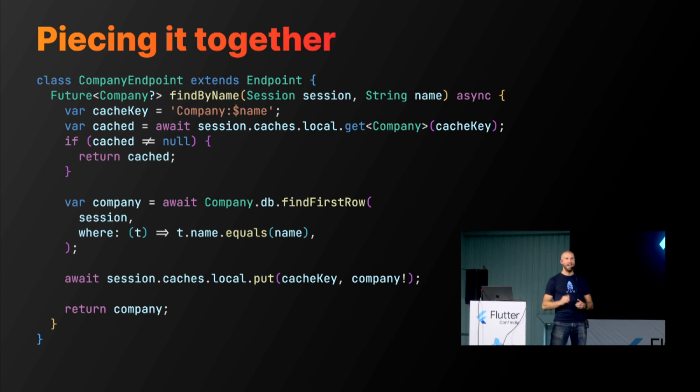And I had a few guys asking me out there before how you would do caching with Serverpod. So I figured this would be good to have in the presentation too. Caching is super useful. You may not need it at the very start, but it can really reduce the cost of running your server, because the most expensive thing in your server setup is talking with your database.